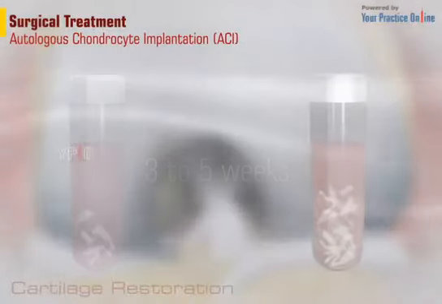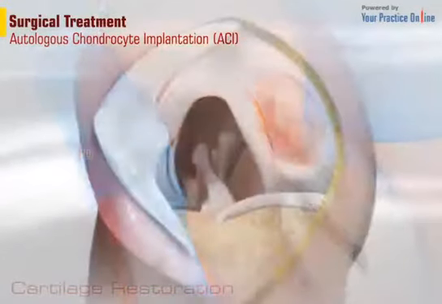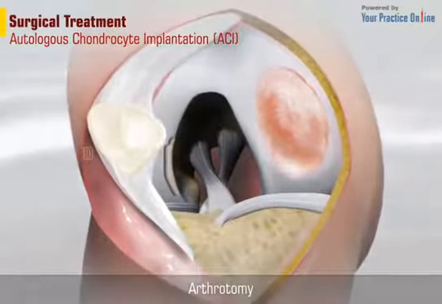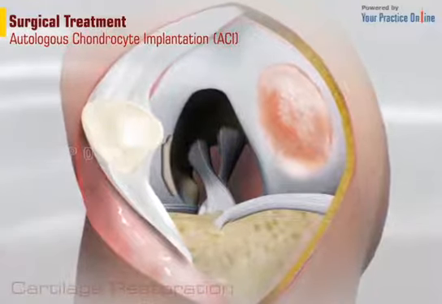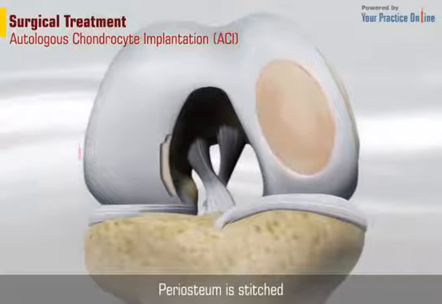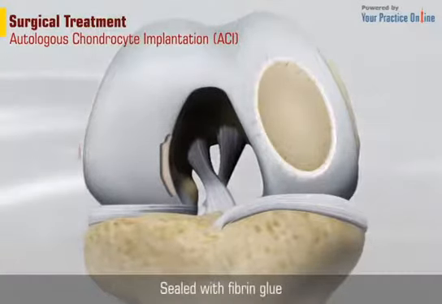Implantation of the new cartilage cells is performed through an open surgical procedure called arthrotomy. Arthrotomy involves preparation of the defect, following which a layer of the bone lining, periosteum, is stitched over the defect and sealed with fibrin glue.